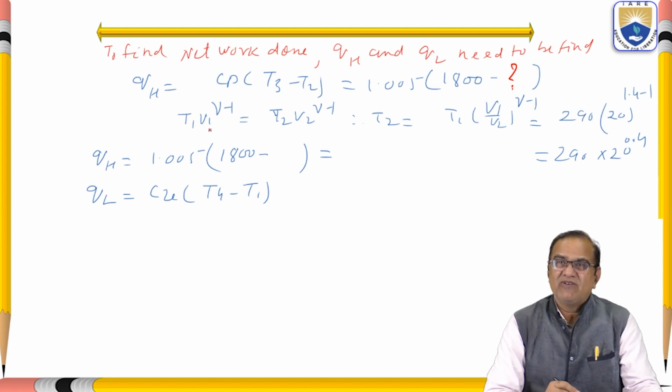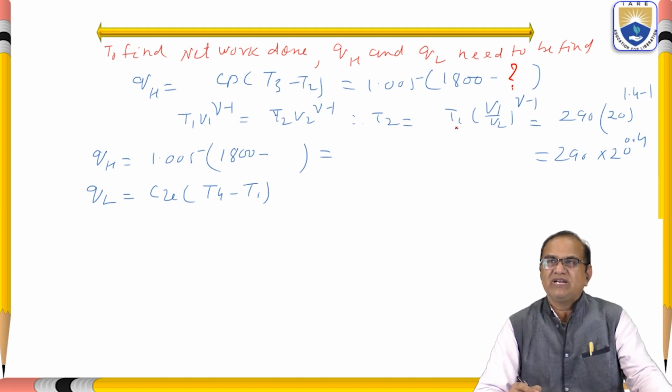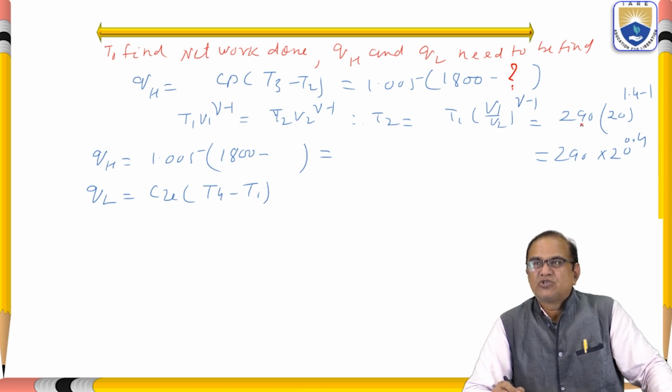We will see that T1 V1 to the power gamma minus 1 is equal to T2 V2 to the power gamma minus 1. So T2 is equal to T1 into V1 by V2 to the power gamma minus 1. So 290 into 20 to the power 1.4 minus 1.